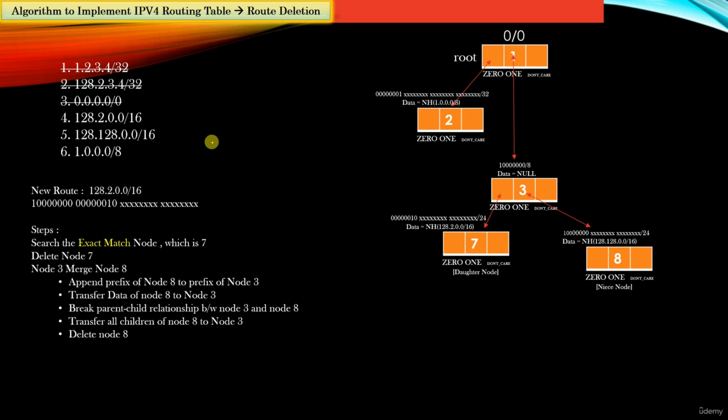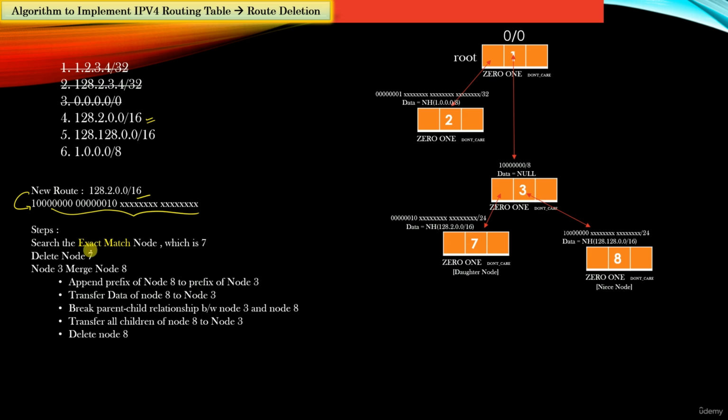So guys, now you can see our mtry data structure is gradually shrinking. Now let us continue with the route deletion. Now let us delete route number 4, which is 128.2.0.0/16. So the effective prefix of this route would be the following.